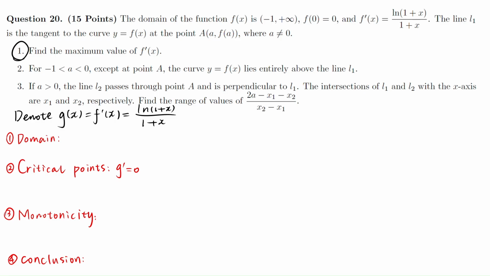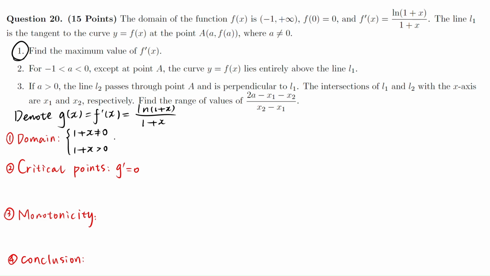First, what is the domain of g of x? Notice that the term 1 plus x appears in the denominator, so it should not be equal to 0, right? But please note that the term 1 plus x also appears in the argument of the logarithm, so 1 plus x should be strictly greater than 0.